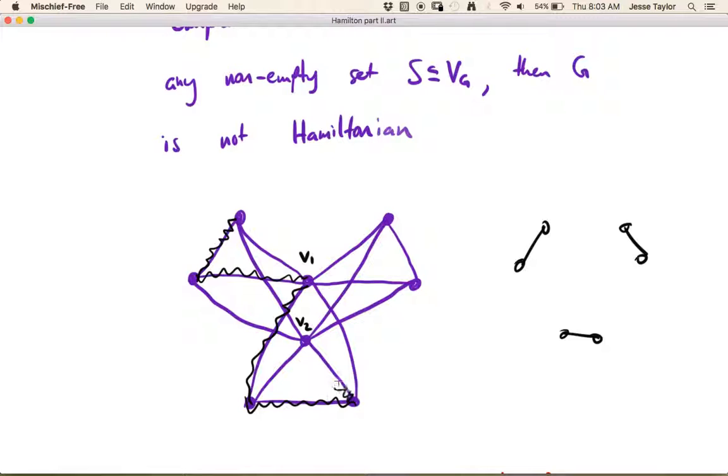Then when I use V2, I'm traveling again between these 3 singleton edges. Let's say I go here. Well, now I've used the only 2 pathways that connect these 3 pieces. There are these 2 phantom vertices in here that are the only ways to get between these 3 pieces of the graph, and I've already used up both of them. So how on earth am I going to get back to my original starting place? I would have to repeat one of these 2 pathways.